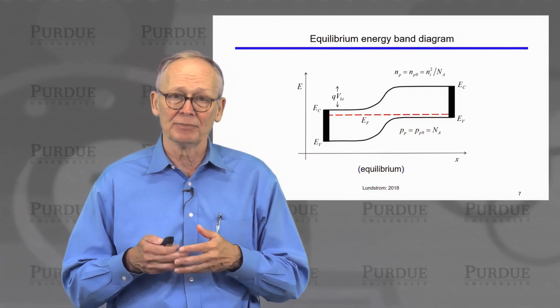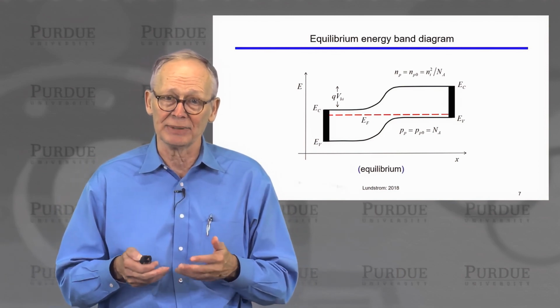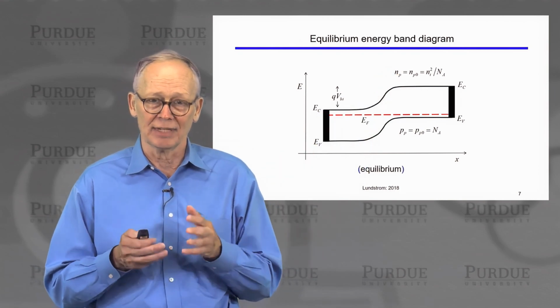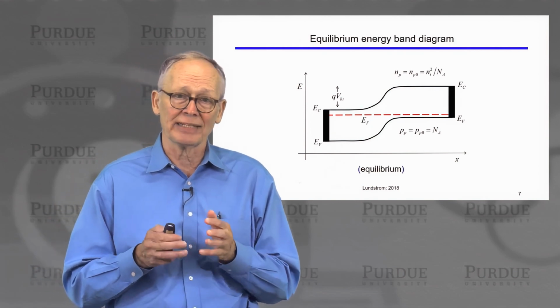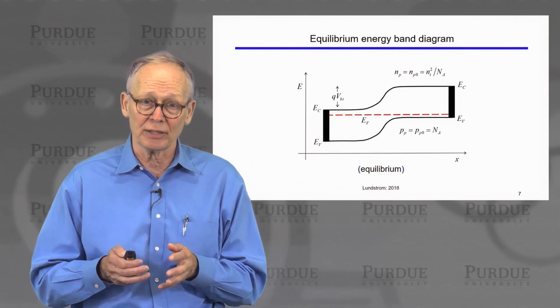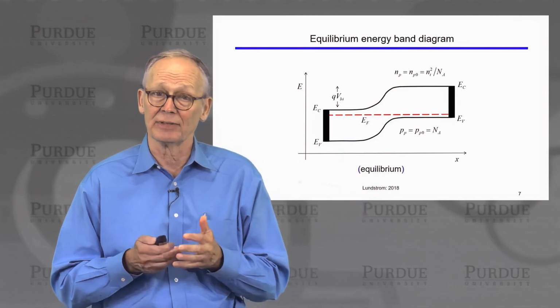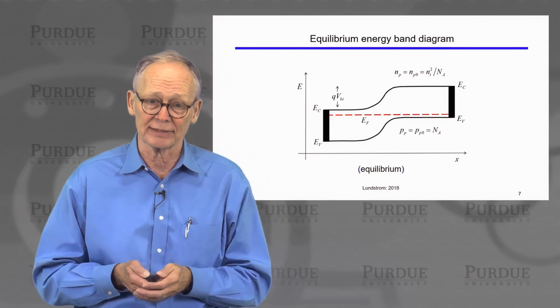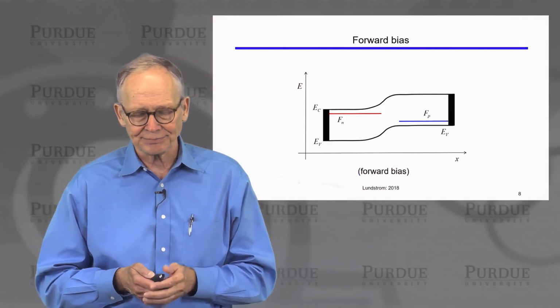There will also be some equilibrium concentration of minority carrier electrons on the p side. I'll label that as n sub p naught, the number of electrons on the p side in equilibrium. And you'll remember that n_p times p_p equals n_i squared in equilibrium. So the number of minority carrier electrons is a very small number, n_i squared divided by the p-type doping density. So that's the situation in equilibrium.